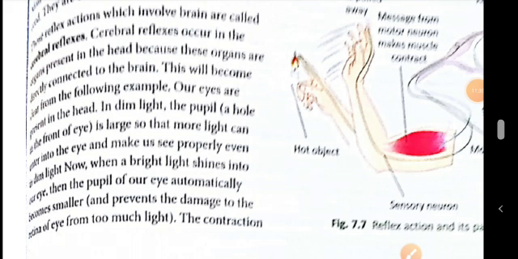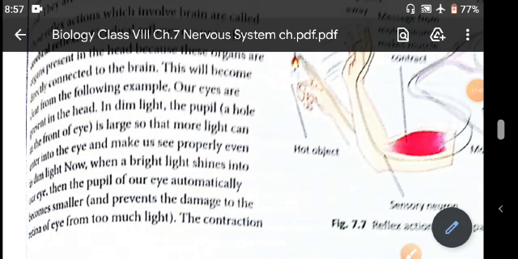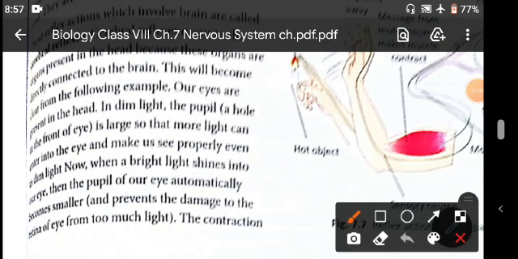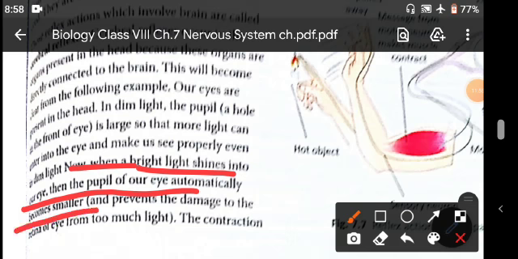But when there is more light, the size of the pupil decreases. It is also an example of reflex action, and this action is done automatically. When a bright light shines into the eyes, the pupil of our eye automatically becomes smaller.